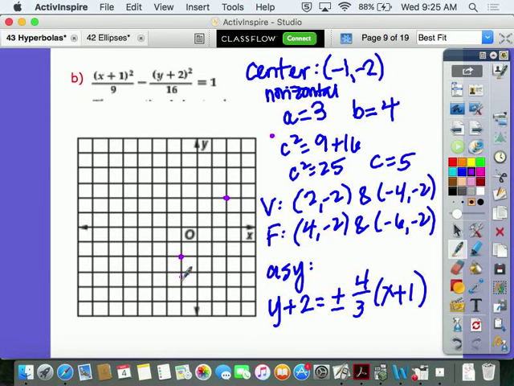Or I could go down 4, over 3. There's 1. Probably not my straightest line, but there you go. Or again, I can start from my center and go down 4 over 3, or up 4 over 3.